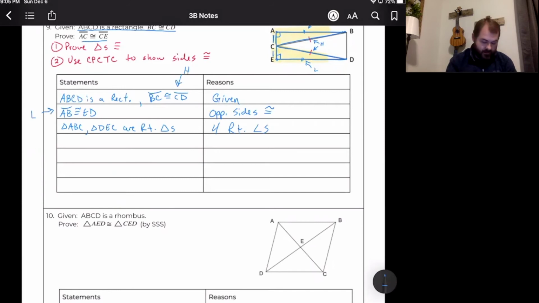So now I can say triangle ABC is congruent to triangle DEC because of HL, which then I can say that those segments AC and CE are congruent because of CPCTC.